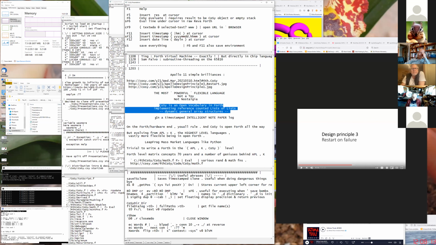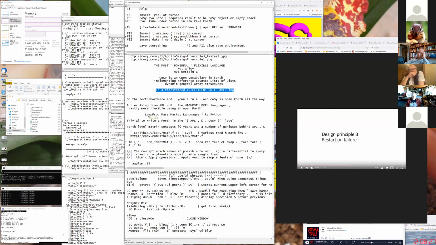In terms of an environment, it's a time-stamped, intelligent notepaper log. I have time-stamped notes of what I do, where the major problem for me is thinking of writing down the right thing. Because it's all text, you can retrieve it on the basis of any fragment you can remember.